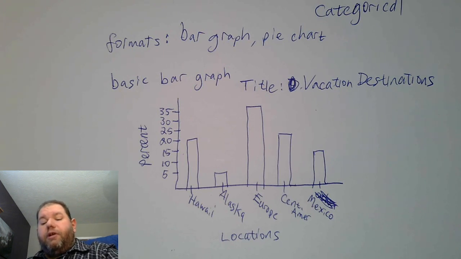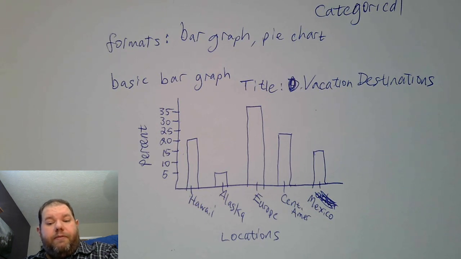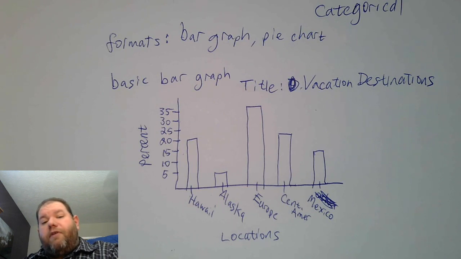Now, we look at this and we think, well, what might be the most useful thing that we could gather from this bar graph? And probably what we're interested in doing in performing this research in the first place is which destination locations are going to be the most popular for people from this area.